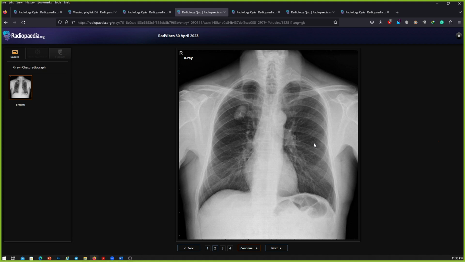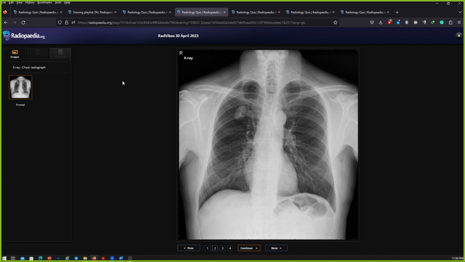You told me that there is an opacity in the left upper lobe? No, the first opacity is in the right upper lobe. Okay, and there is another well-defined opacity with some ground glass attenuation in the left hilar region. Okay, so otherwise there are this one. This is not an opacity. Yeah, pulmonary vessels. Yeah, focus on this one, please.